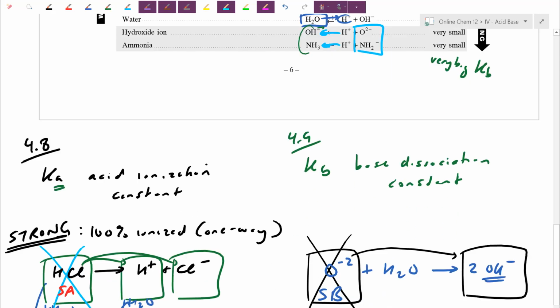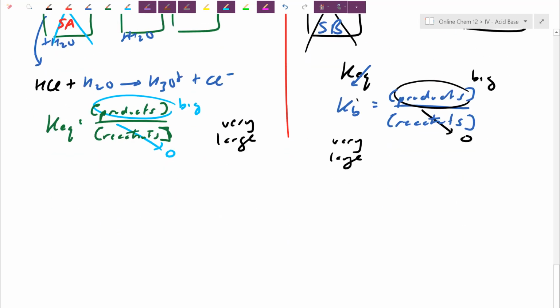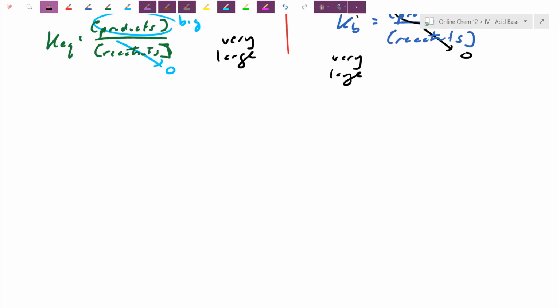Okay, so far we started looking at, well, K anything is just the equilibrium constant, right? It's products over reactants, but things that go one way here, I don't really need to deal with them because the numbers aren't anything sensible. Much more important when we start dealing with something that's weak, okay? I will need to worry about Ka and Kb.